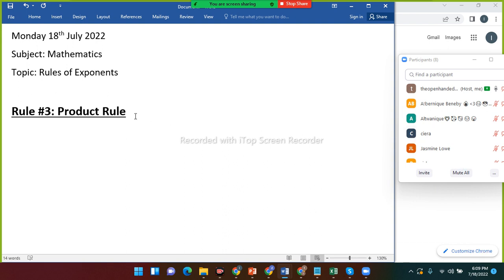So when we have the product rule, obviously for this rule, we're going to be dealing with multiplying something, right?